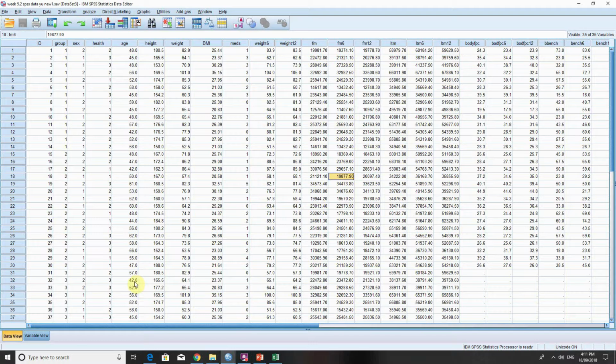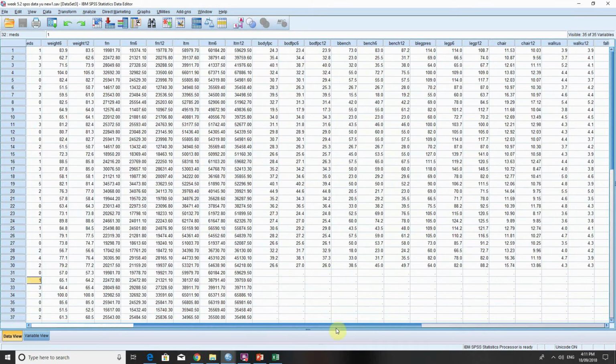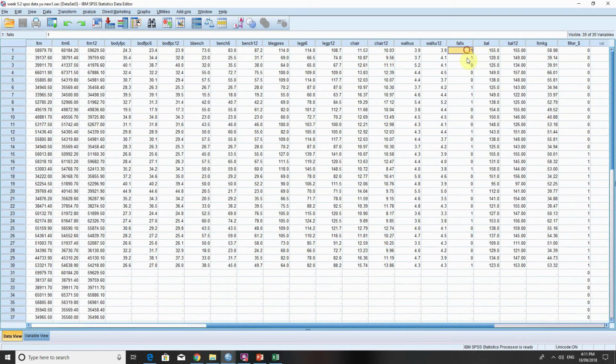If I was going to look at something like gender, which is a nominal variable, so it's categorical, with this variable here, falls in previous year, then I could do a chi-square test.